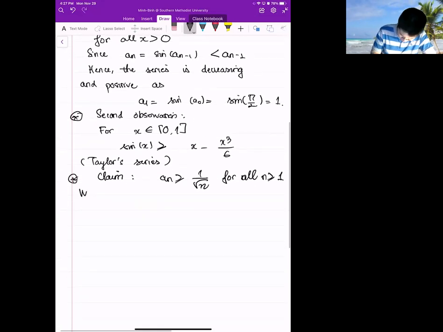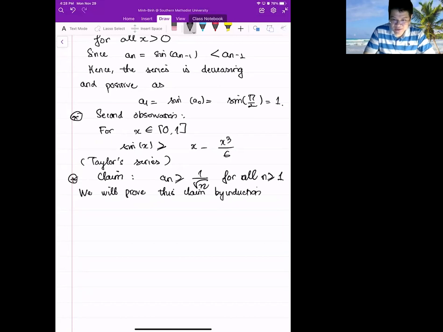So we will prove this claim by induction. So first, for n equal to 1, we know that a1 is 1 already. So this is bigger than or equal to 1 over square root of 1. This is the first thing.